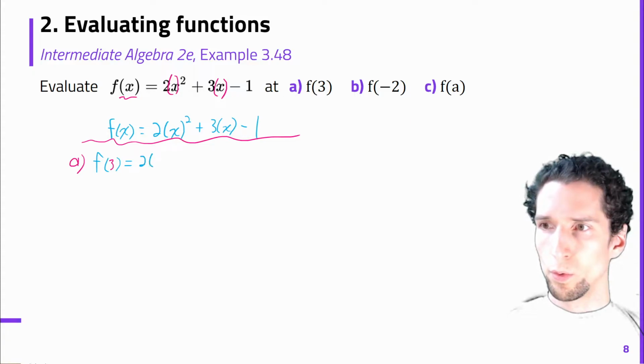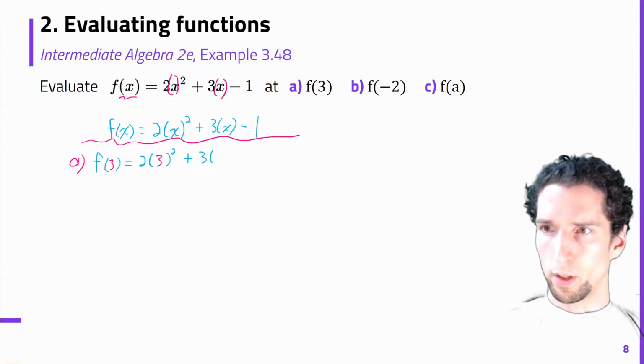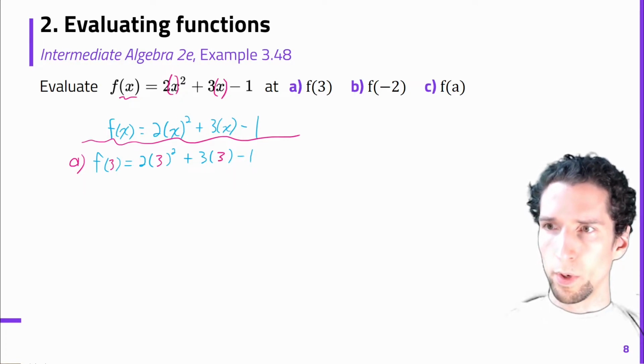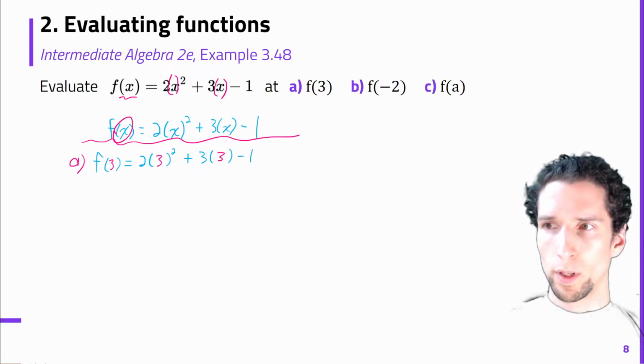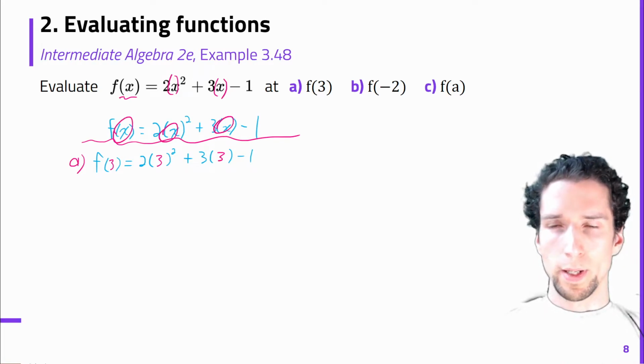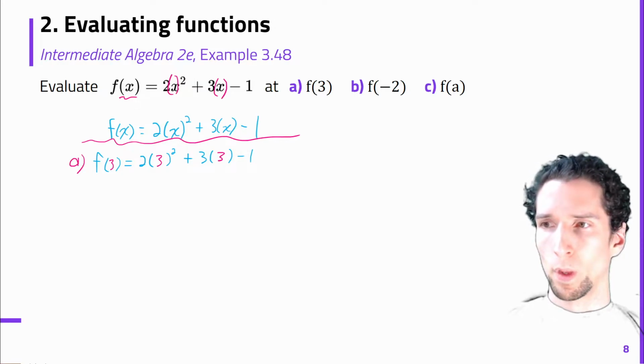So 2 brackets, 3. I'm going to do all the blue stuff first. It'll be easier so I don't have to keep switching colors. And 3. Okay, so each x, 1, 2, 3, has been replaced with 3. Now we can just evaluate.